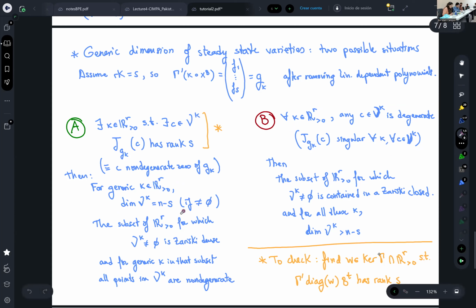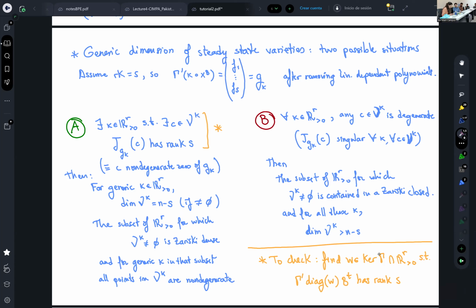So the dimension is n minus s, codimension s. Well, as long as it's not empty, it could also be empty. So if the variety is not empty, then it will have dimension n minus s.